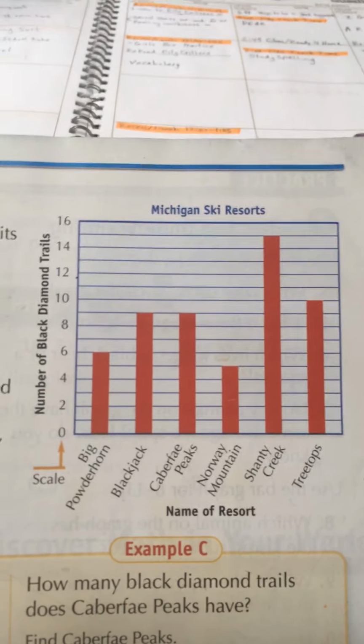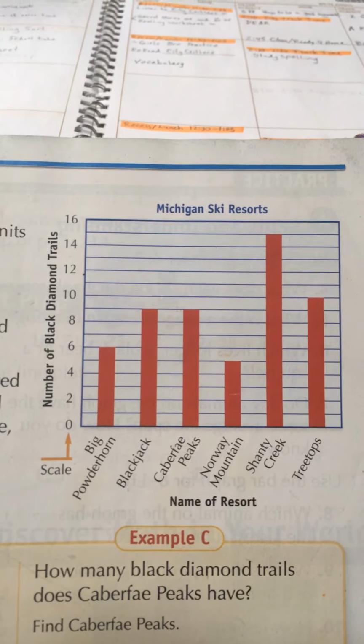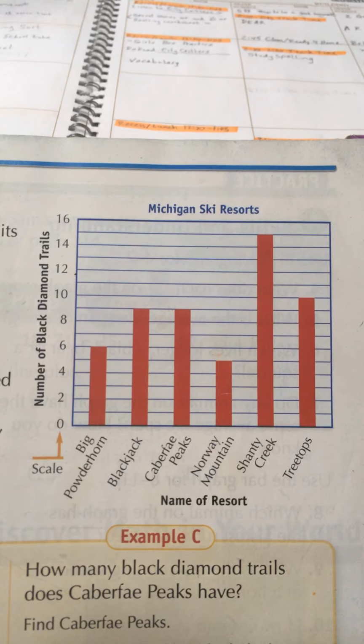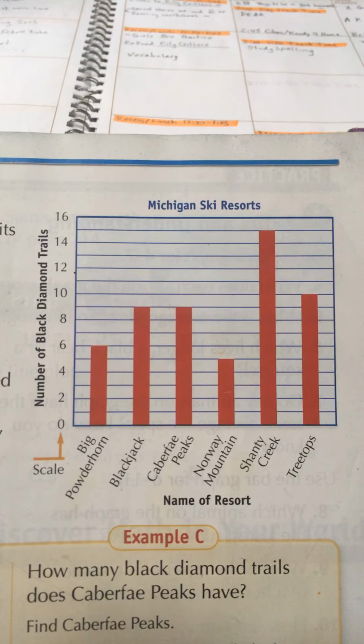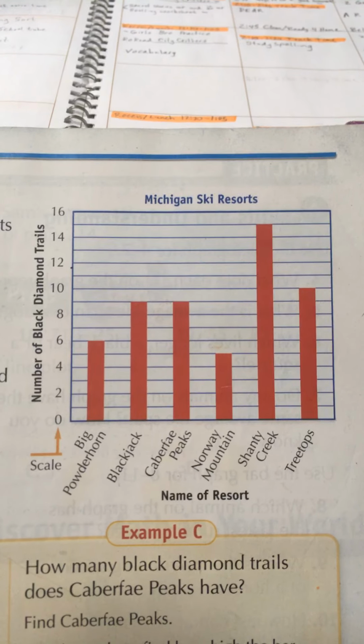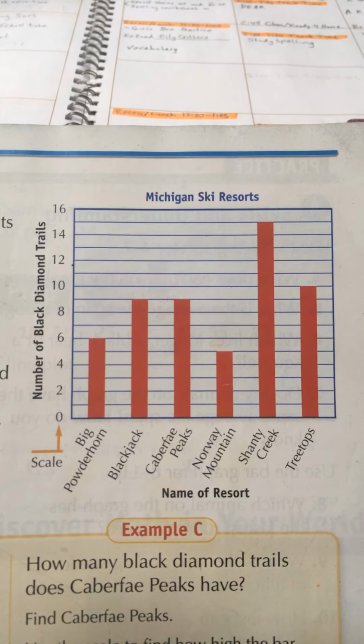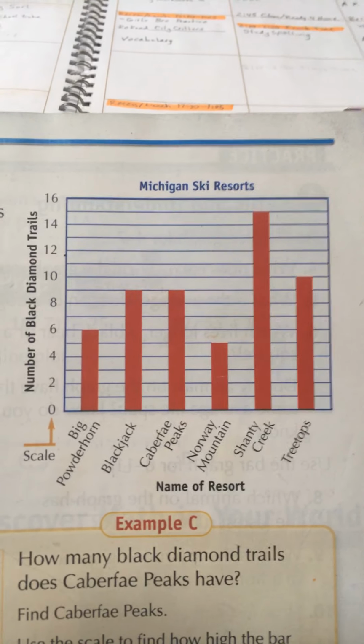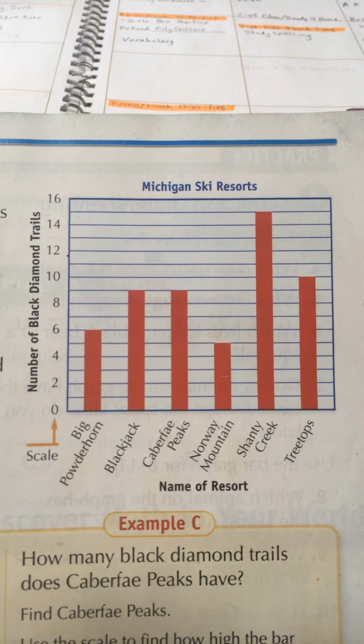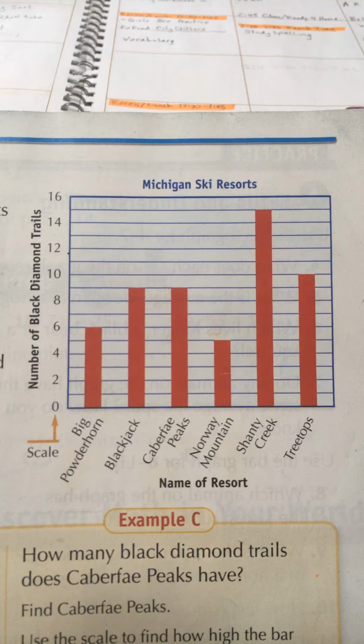So take a look. See if you can find one that shows 9. Let's say we already know that Blackjack has 9. Which other one would have 9 black diamond trails? Take a look, pause, and we'll come back.